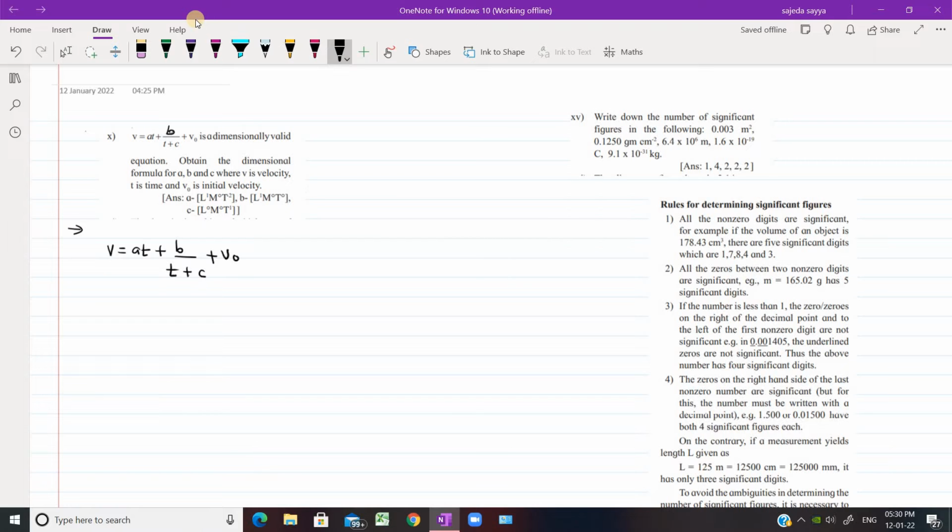It is given in the problem that the equation is dimensionally valid. It means it is a dimensionally correct equation where the symbols have their usual meaning.